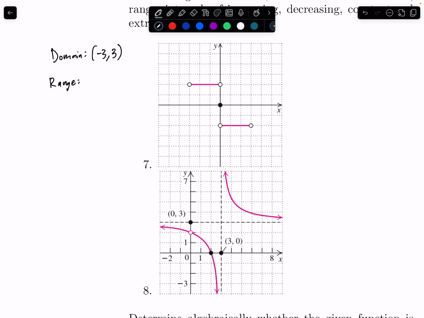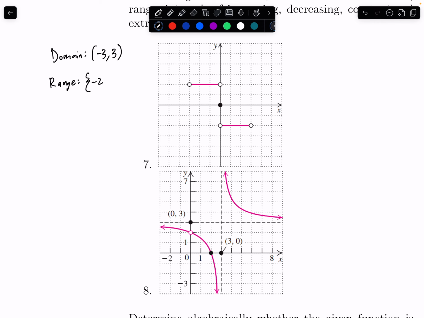Okay, what is the range? Range, remember, is the possible y values, but there's actually only 3. This point, and this point. So in a case like this, where it's 3 distinct values, interval notation is kind of weird. I wouldn't even use intervals. I would just use sets here because there's 3 distinct numbers, right?